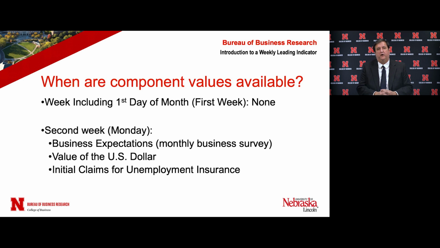So week 1 is whatever week that the first day of the month falls on a business day. So the first day of the month could be a Monday, Tuesday, Wednesday, Thursday, or Friday. And then the next week is the second week. So the second week, the Monday of the second week could be the 4th in the case of some months, or as late as the 8th.